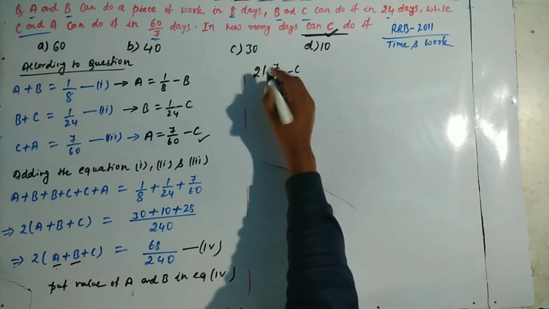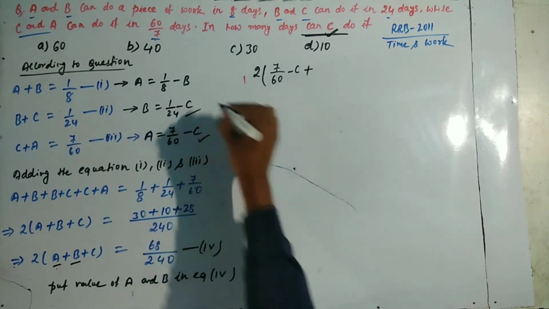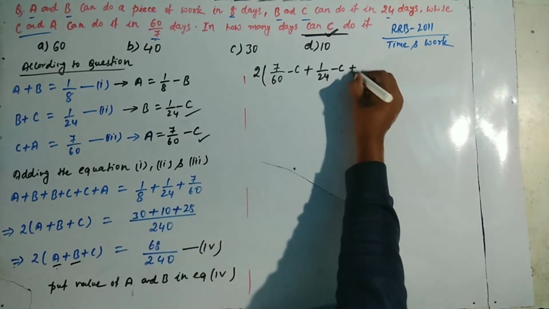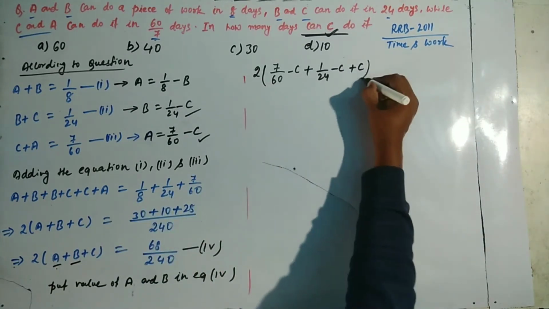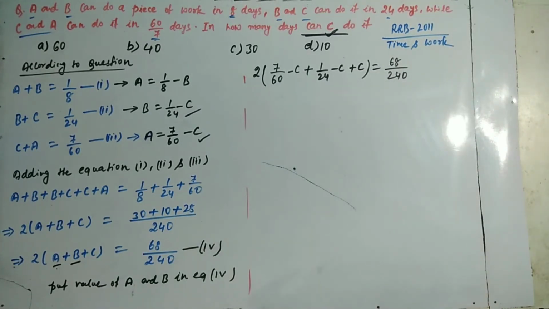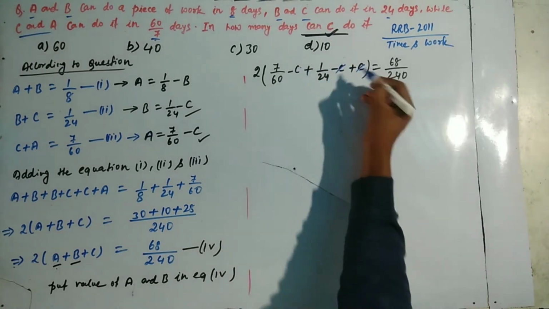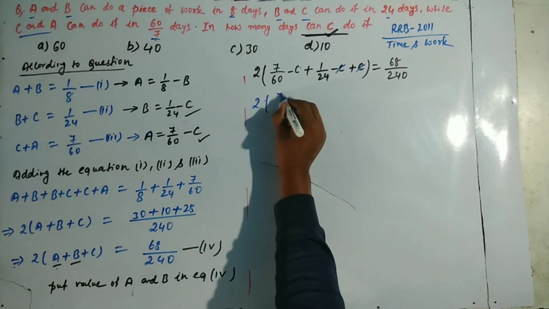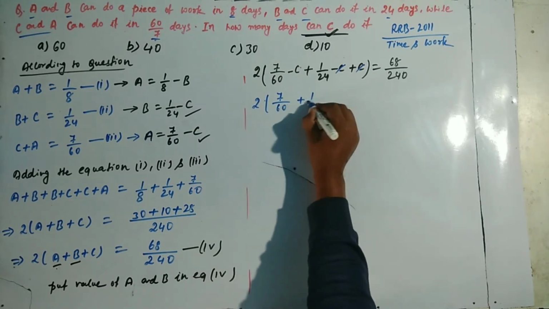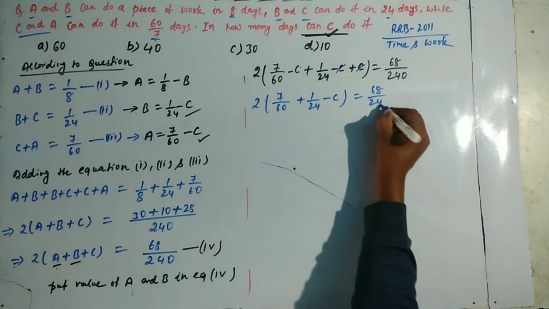So 2 into 7 by 60 minus C plus 1 by 24 minus C plus C equals 68 by 240. Minus C plus C cancel each other, then the equation is 2 into 7 by 60 plus 1 by 24 minus C equals 68 by 240.